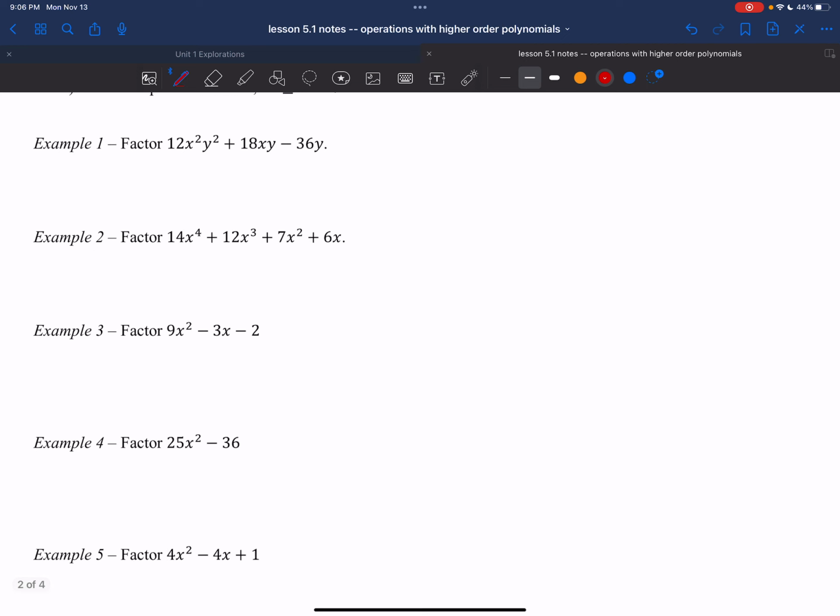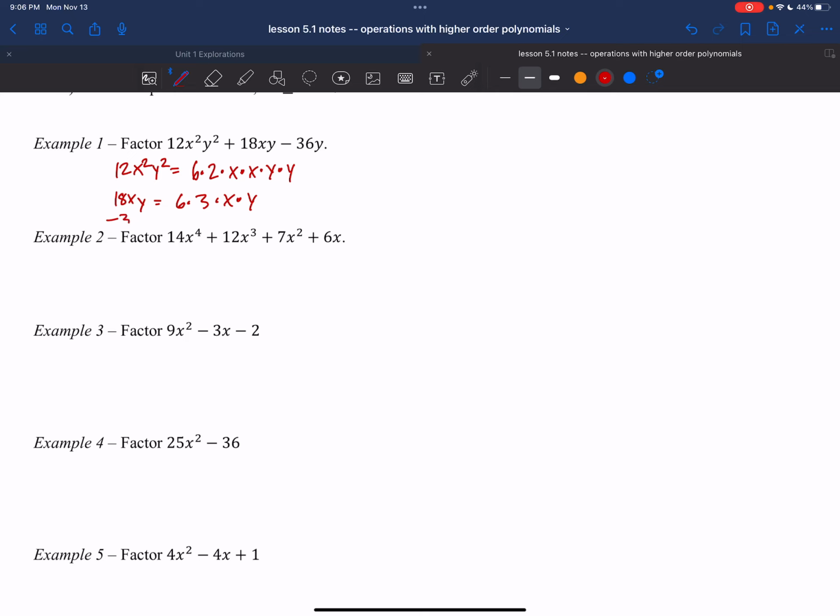Let's put it in. So the first thing you look for is always GCF. If I look at my terms here, 12x squared y squared, well, that's 6 times 2 times x squared times y squared, and 18xy is 6 times 3 times x times y.